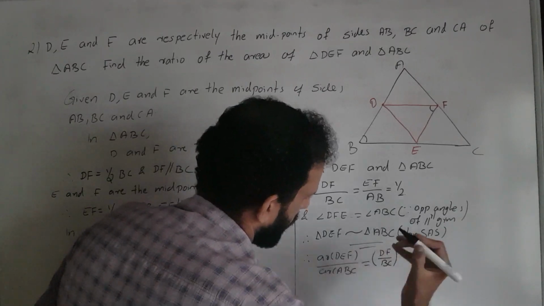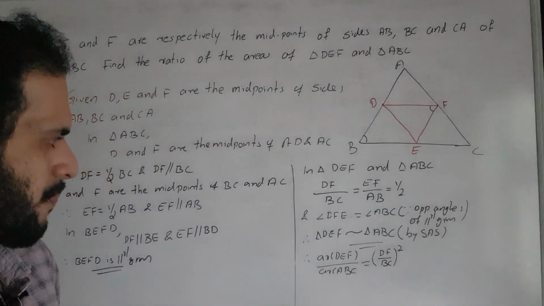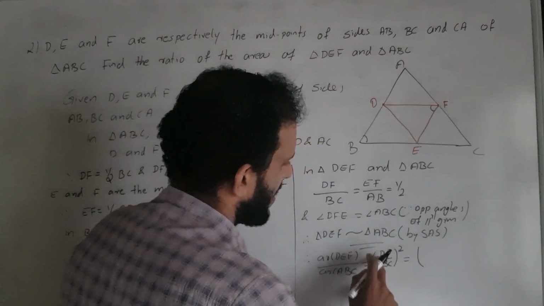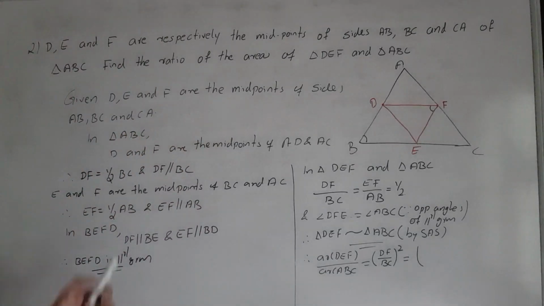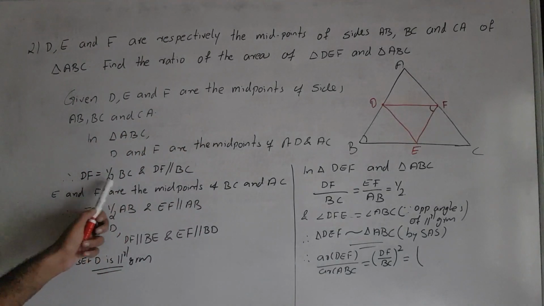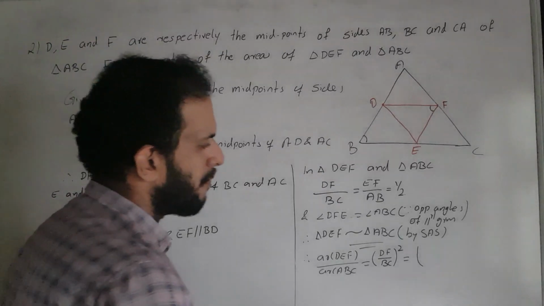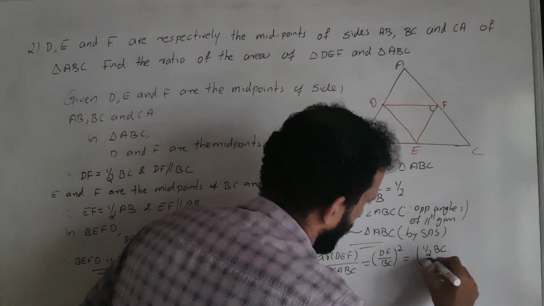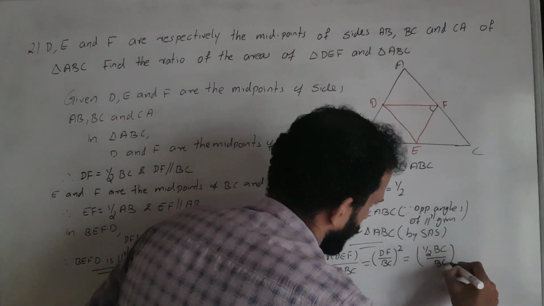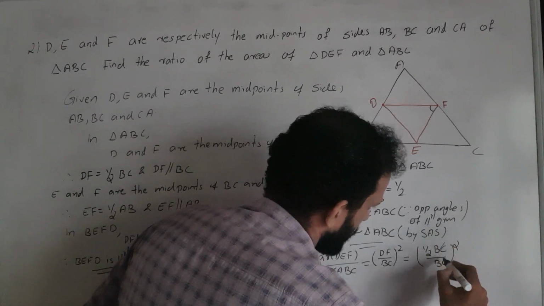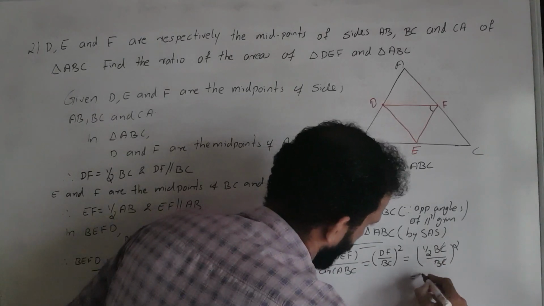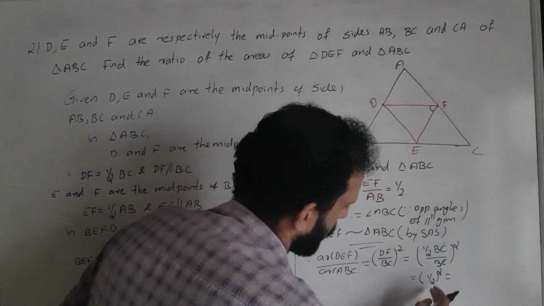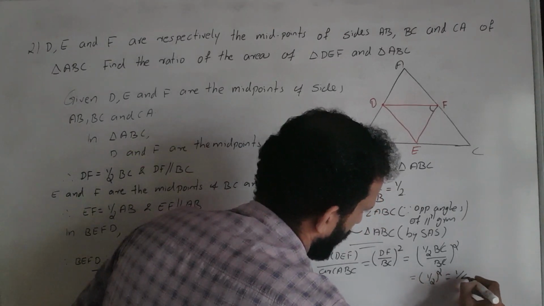Then DF is half of BC, correct? So instead of DF we substitute half BC by BC whole square. So we cancel BC and BC, what we get is half square, which is 1 by 2 whole square, equal to 1 by 4.